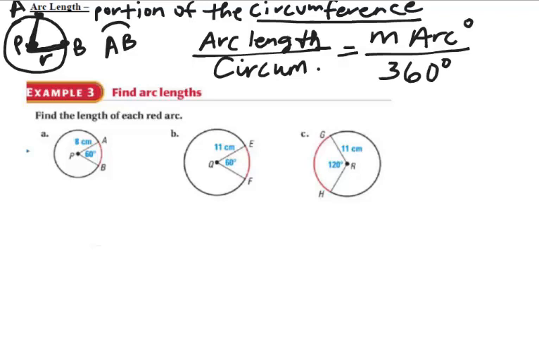So the part to the whole length, the circumference, equals the degree measure of the part over the degree measure of the whole.